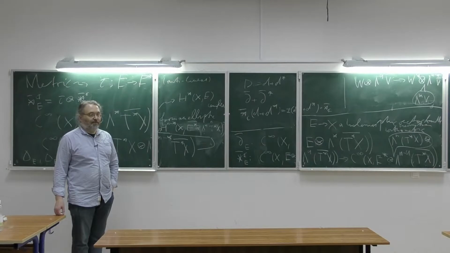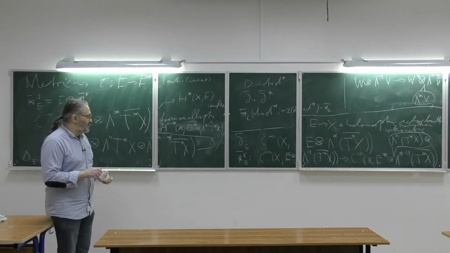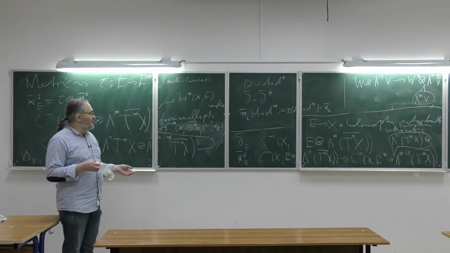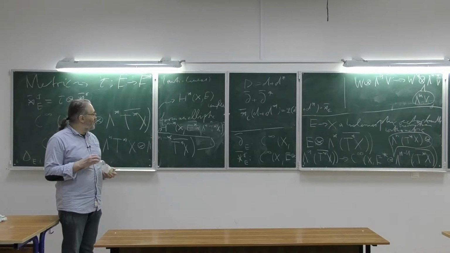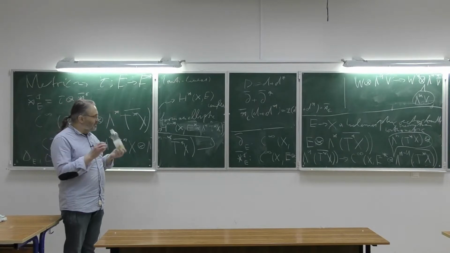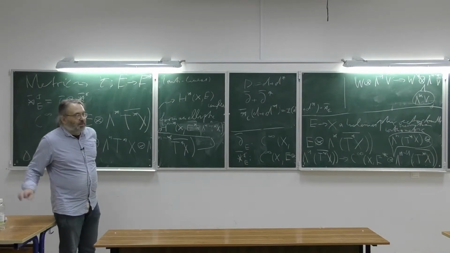Actually, we have chosen two metrics on X and on Y. Yes. And in algebraic geometry, Serre duality doesn't know anything about metrics. True. So the question is, is our construction of Serre duality canonical?